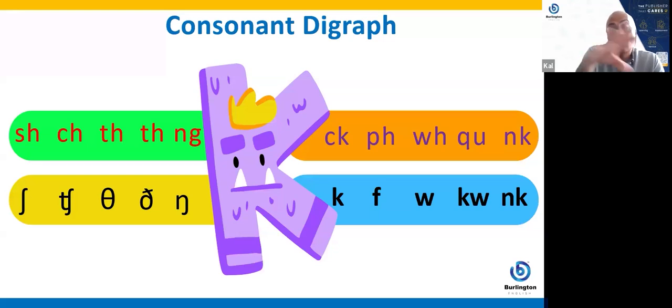The first one is the consonant digraphs, we call them. All that means is the combination of 2 consonant letters, and they form a single consonant sound, i.e. a phoneme. You can see that, especially on the left-hand side there. We've got the S and H, and it formulates the phoneme sh. The C and H, the ch.